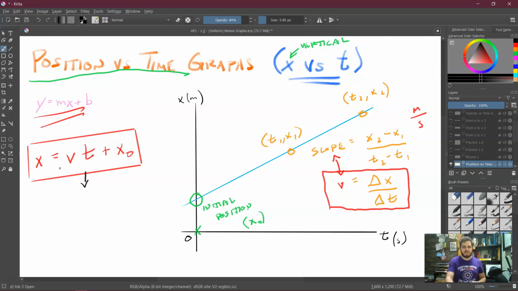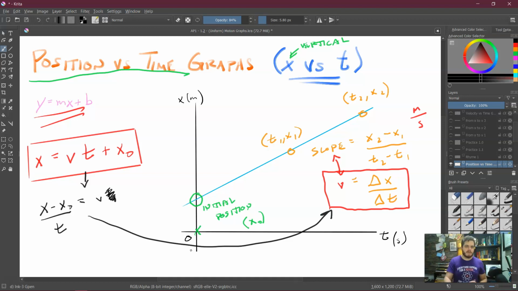If I subtract the x naught, x minus x naught equals v times t. I divide both sides by t, so I do over t, get rid of that. Well, v is equal to x minus x naught over t. That's just the equation for velocity. So this equation of a line is really just the velocity equation rearranged into a different format.